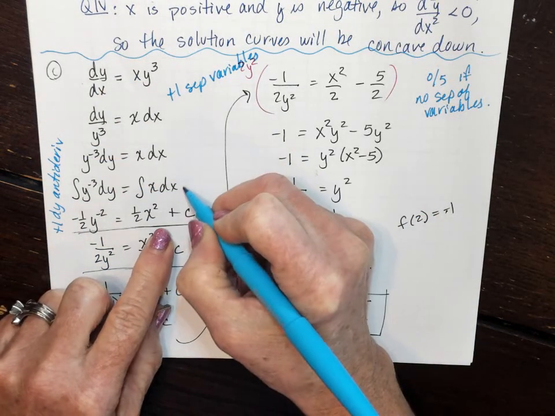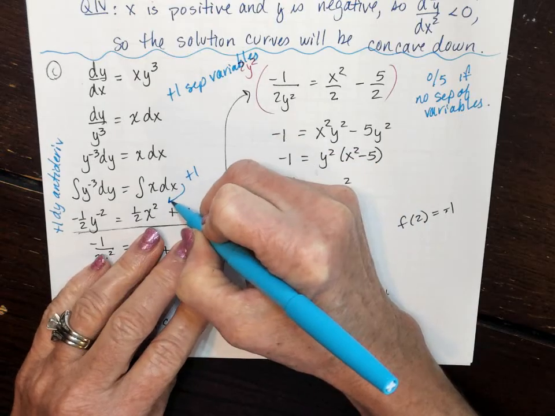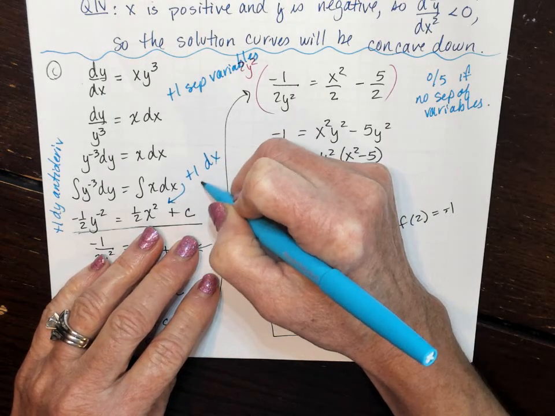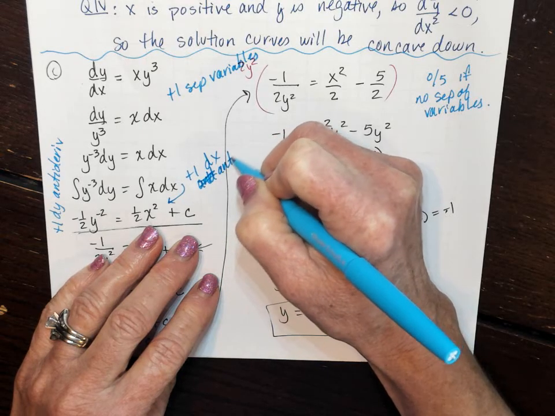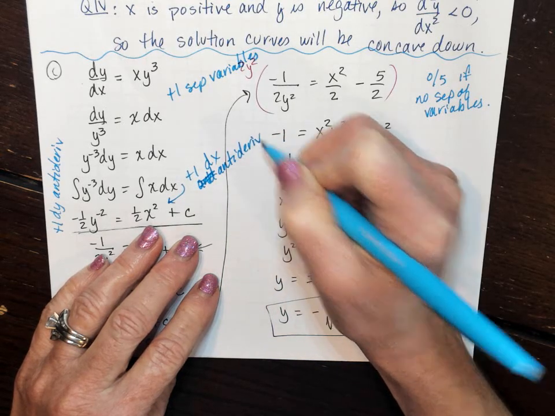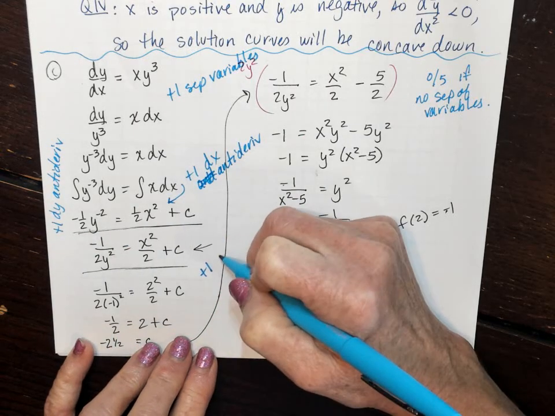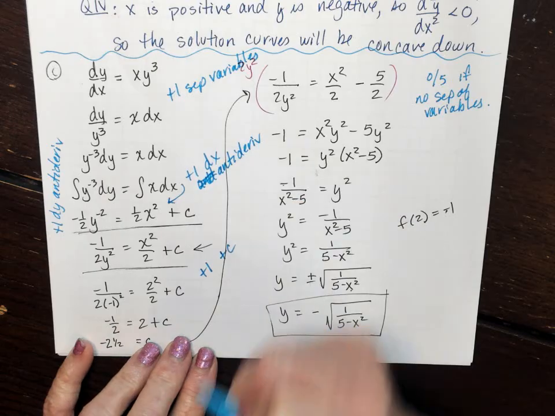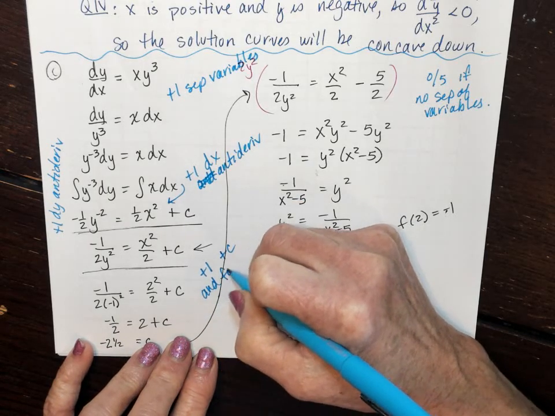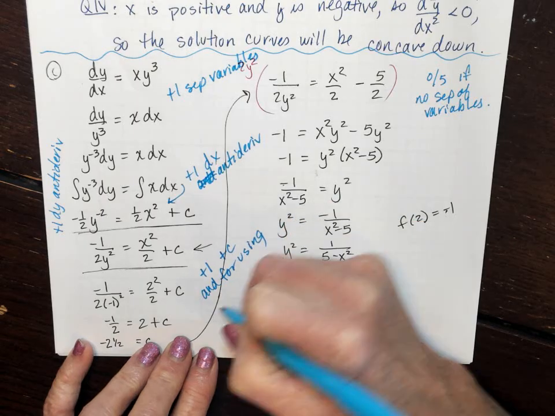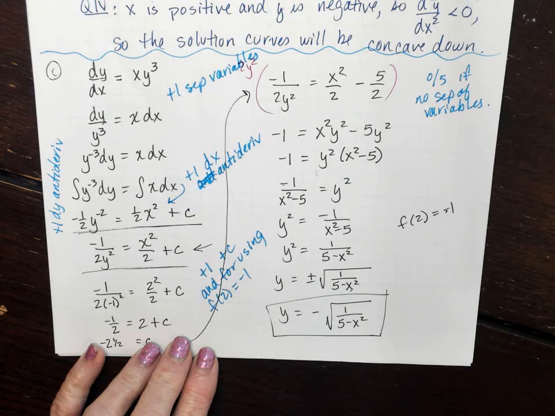You're going to get plus 1 for the dx antiderivative. You're going to get plus 1 for getting the plus c, and for using that initial condition. So there's 4 points there.